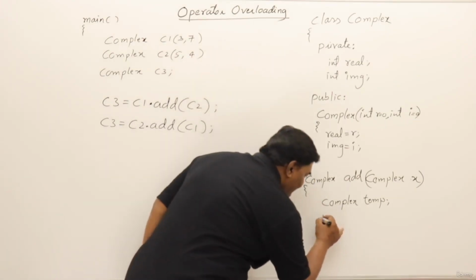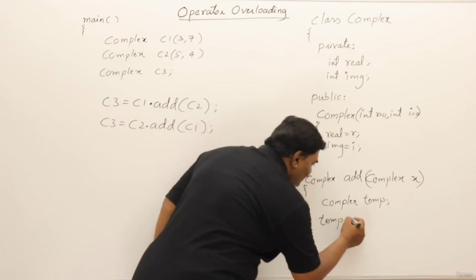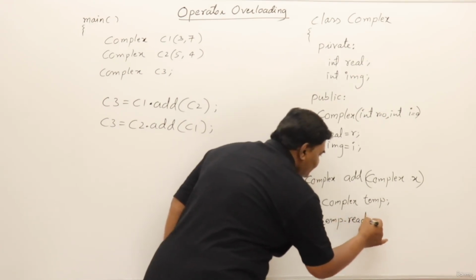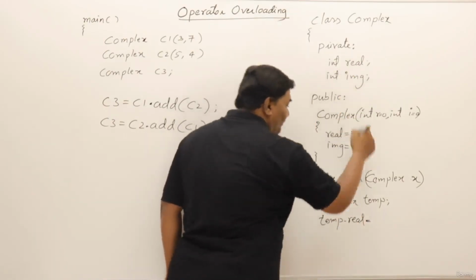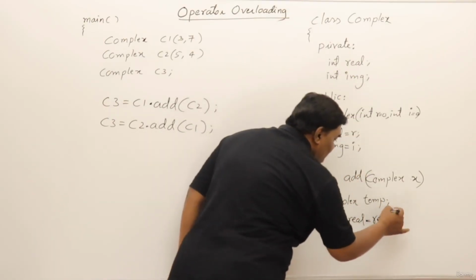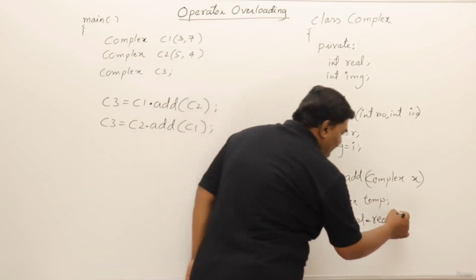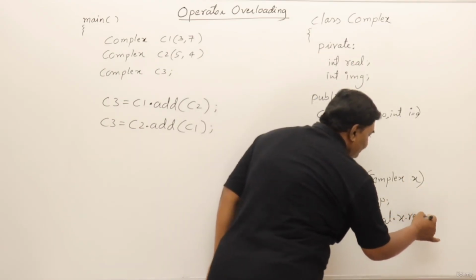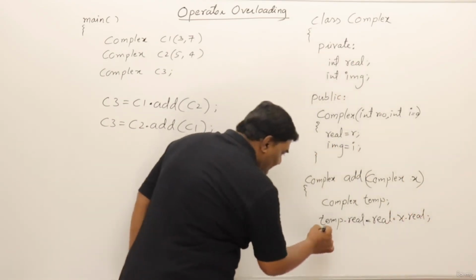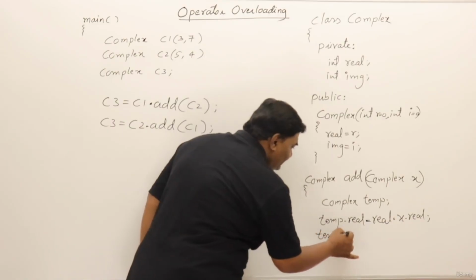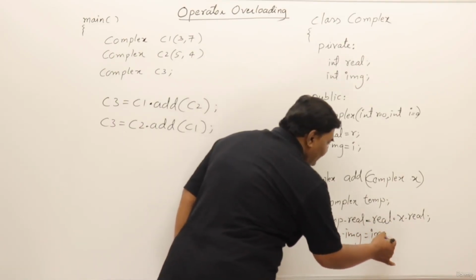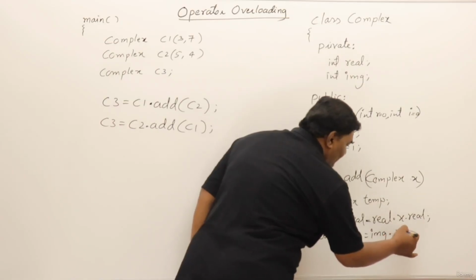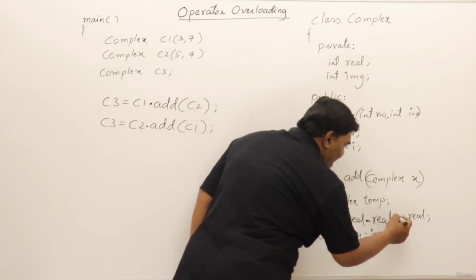So first is temp dot real should be equal to its own real plus x dot real, and temp's imaginary, img, will be its own imaginary plus x dot imaginary.